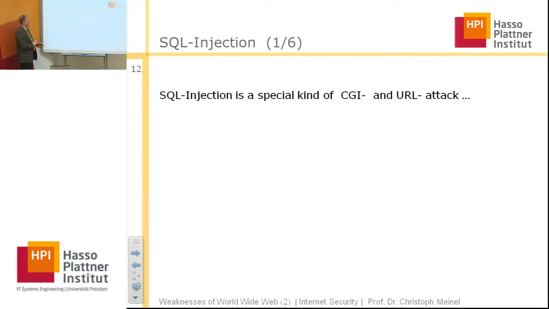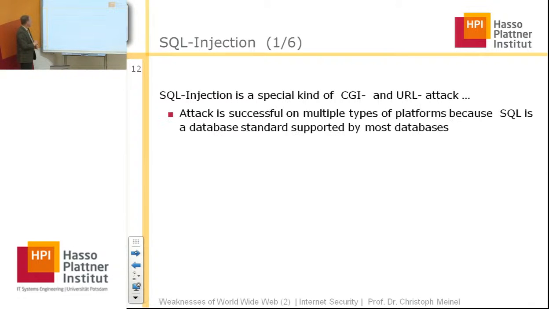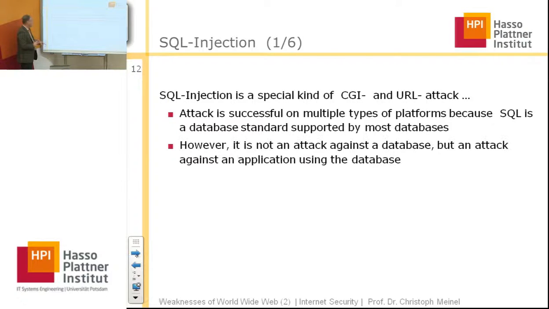It's also a special type of URL attack, and it makes use of SQL, the query language, which is implemented for almost all databases. So attacks are useful on multiple types of platforms, and the simple reason is that SQL is a database standard that is supported by most databases.